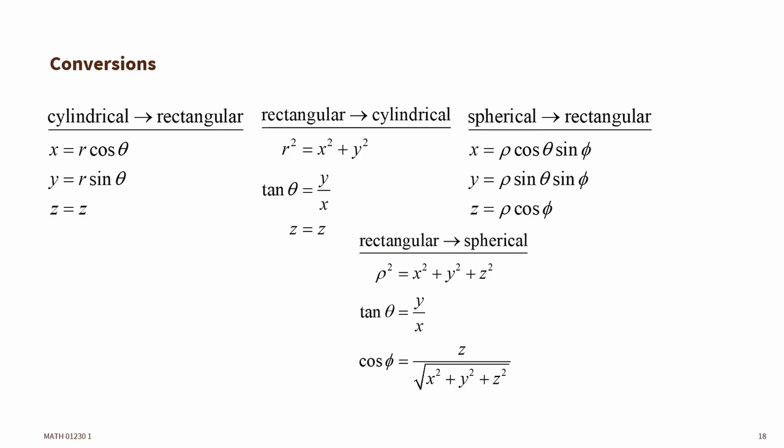For cosine of phi, would you be able to just take the inverse cosine of both sides all the time? What's the range for inverse cosine?